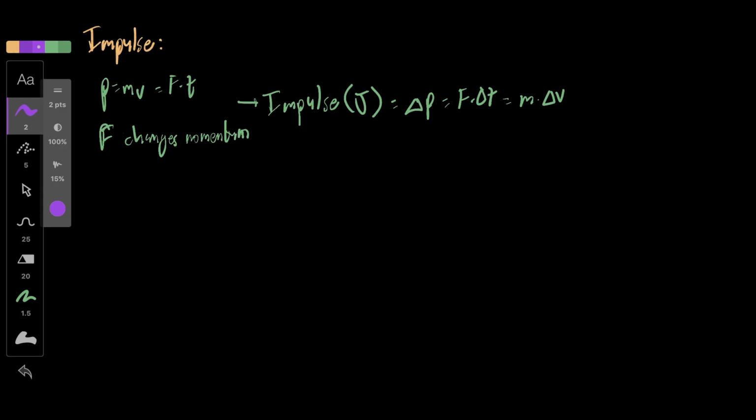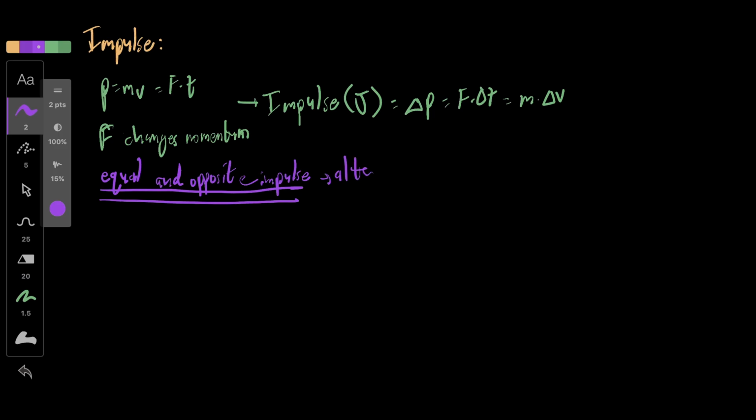Every action has an equal and opposite reaction, and basically, instead of saying equal and opposite reaction, in this case, we could say equal and opposite impulse. This over here is also a very valid definition of Newton's third law.